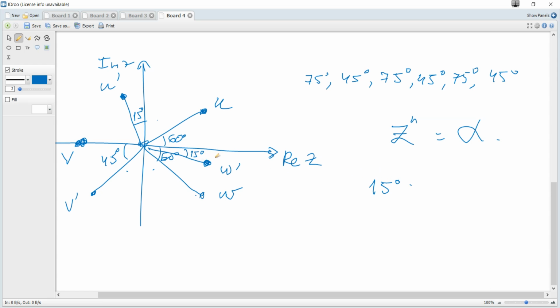So what does it mean? It means that the possible roots of this z to the power of n could be all n roots spaced by 15 degrees.